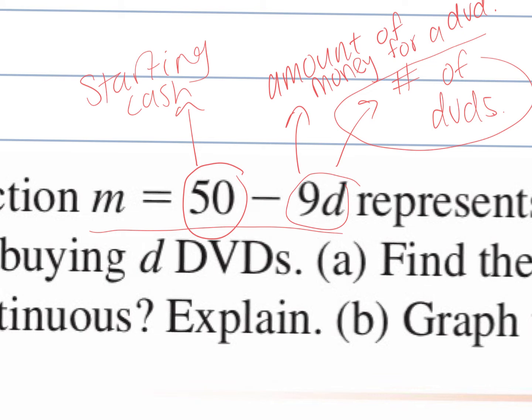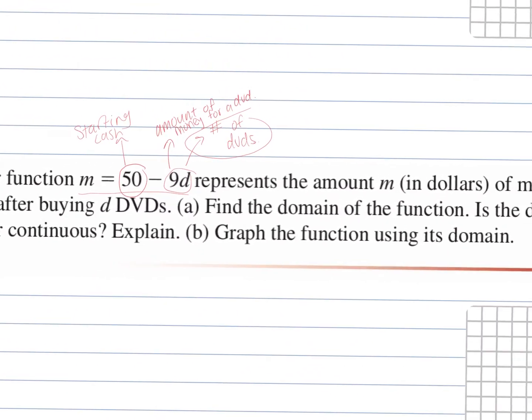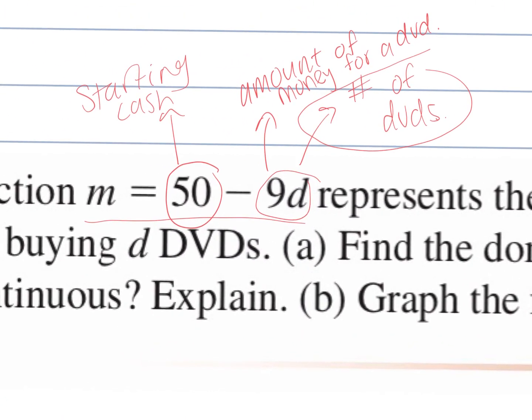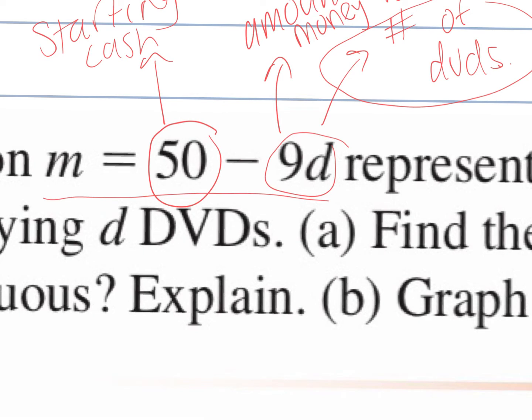Now, our domain is all the values of our input. Which of these two variables, the M or the D, is going to be our input, or our independent variable? D. Why is D our independent variable?